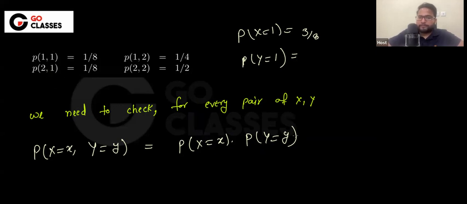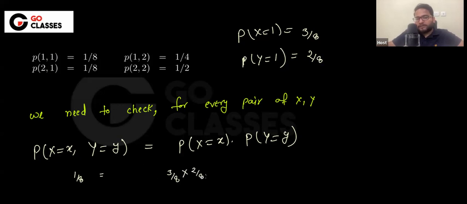This is 2 by 8. The other probabilities we already know, which means x being 2 means you can subtract, which is 5 by 8. And similarly, y being 2 means 6 by 8. So you need to check for every pair. Let's just check for 1, 1. If you check for 1, 1, it will be 1 by 8 on the left hand side, and then it will be 3 by 8 into 2 by 8.